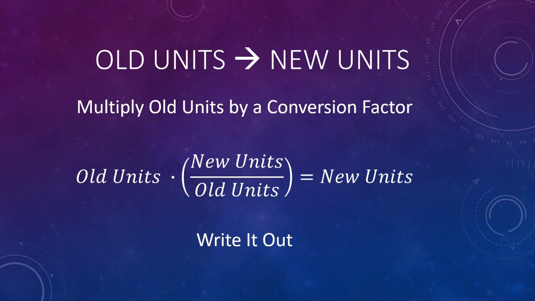And what I would encourage you to do as you become more comfortable and practice on these conversions, just go ahead and write it out. Don't worry about punching it into the calculator right away, because you may forget where the conversion factor is going. Write it out to make it explicit which units you're canceling out and what units you want to be left with.